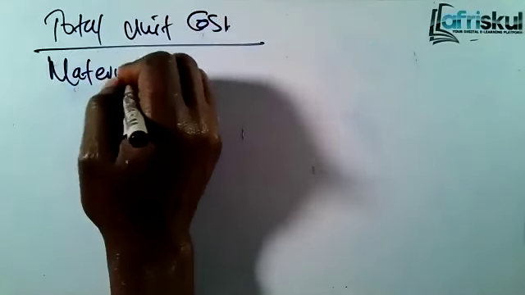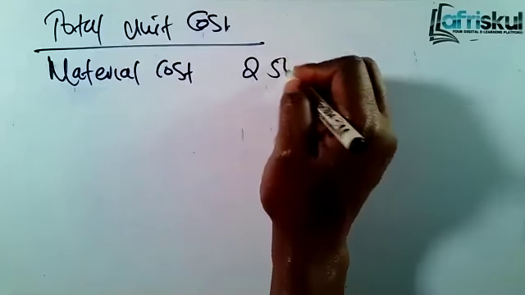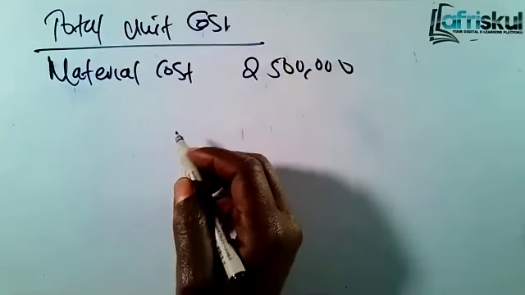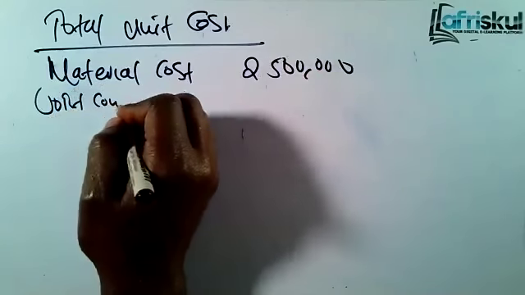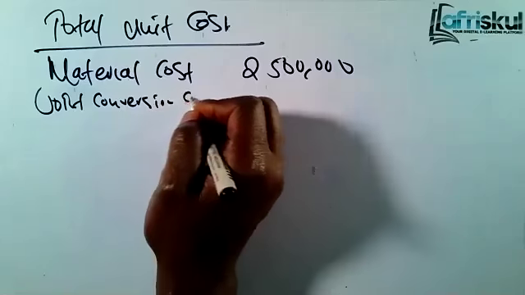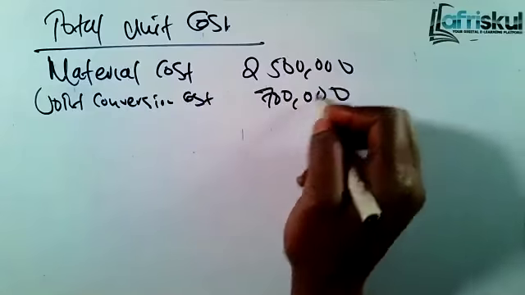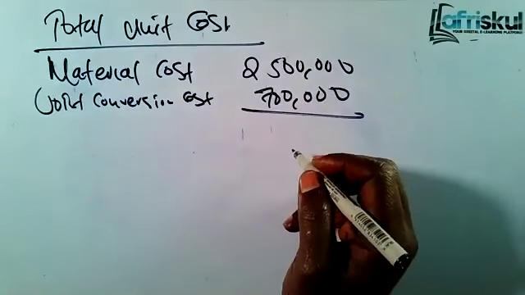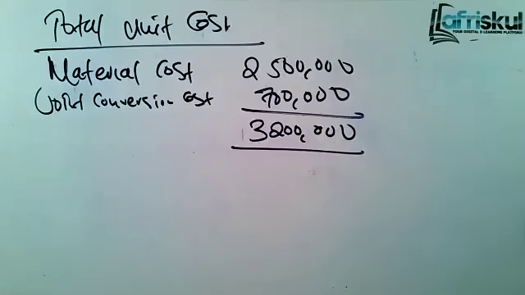The material cost that was used was 2,500,000. And then we had joint conversion cost. Joint conversion cost was 700,000. So these are the total joint costs, which is 3,200,000. These are the costs that we are supposed to allocate.